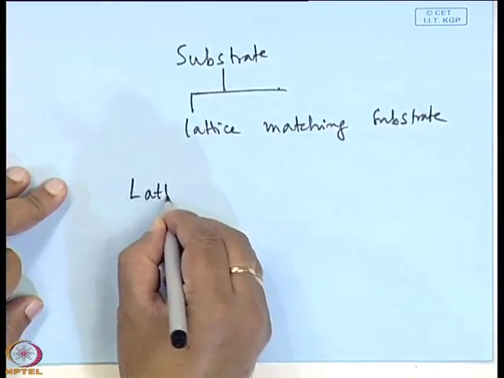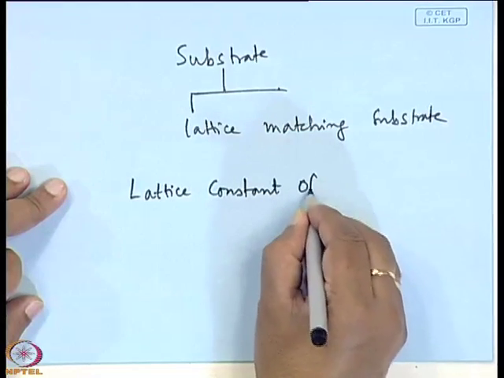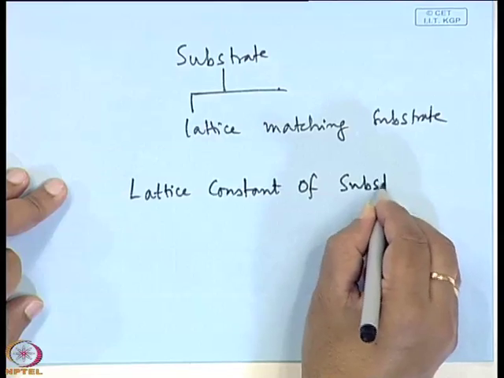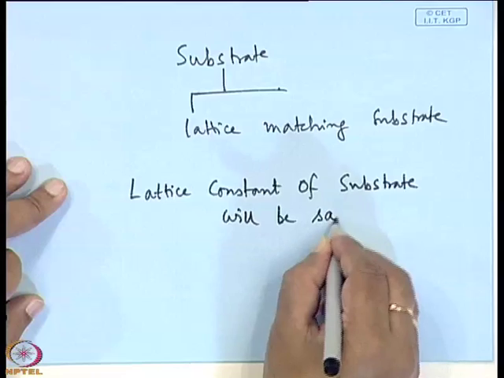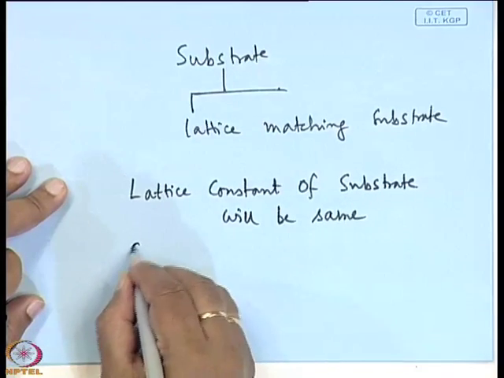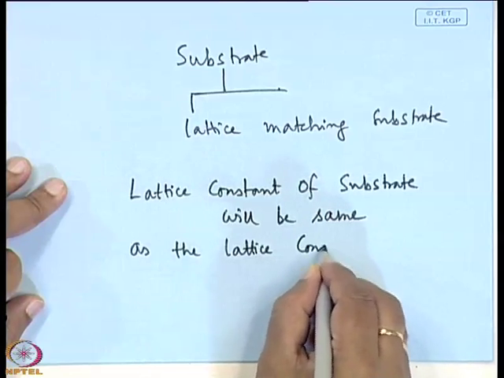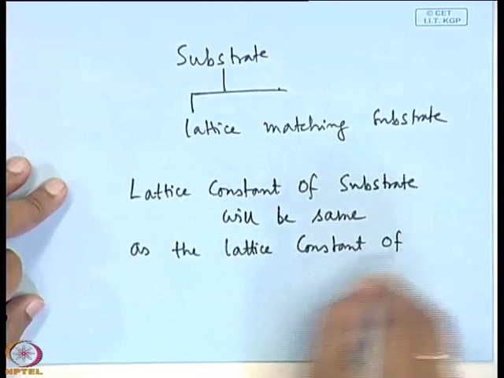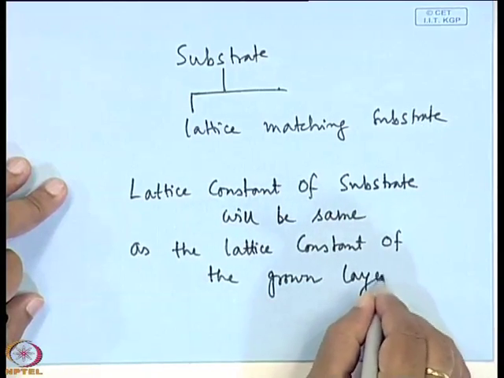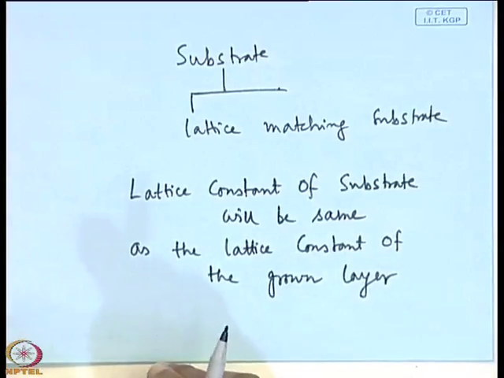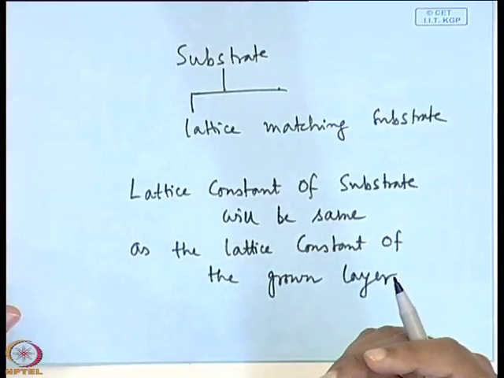Lattice constant of the substrate will be the same as the lattice constant of the grown layer. What is the grown layer? Grown layer means the thin film or the epitaxial layer you are growing basically.